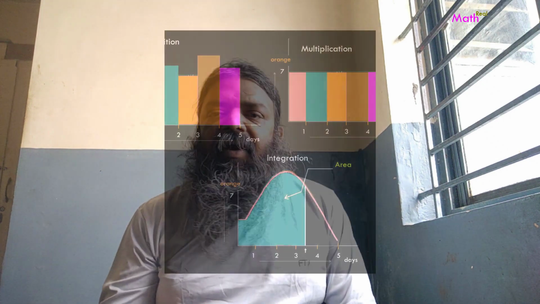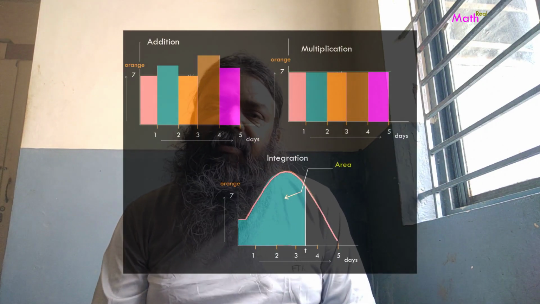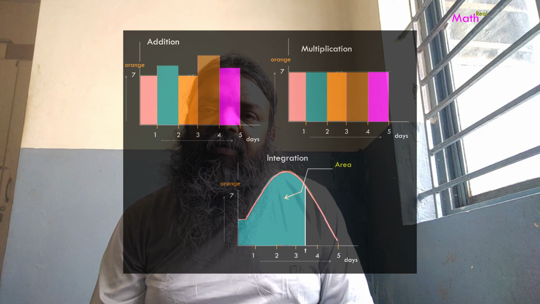That is integration. Integration is nothing but a form of addition where we calculate the net amount at the end of a time period by calculating the area. So we draw a shape based upon the two axes, and net collection is the area of the shape.